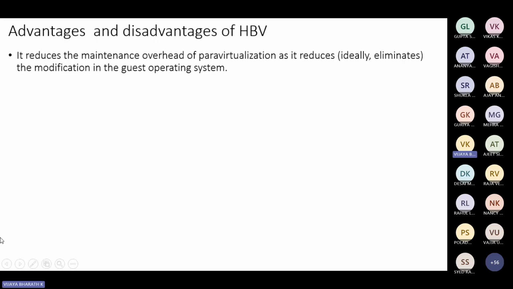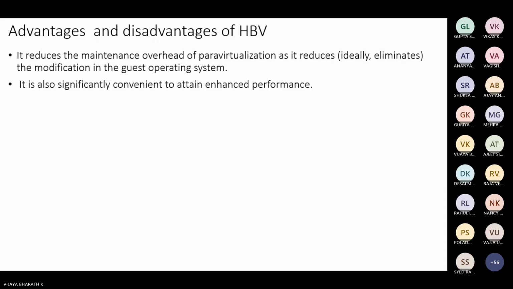First, this reduces the maintenance overhead of para-virtualization, as it reduces the modification of the guest operating system. Let's say you have an OS running on the hardware, and on top of that you have installed the hypervisor. Those are overheads, right? You have an OS already running, and on top of that you are creating a VM, which is again overhead. That can be reduced when you use hardware-assisted virtualization.